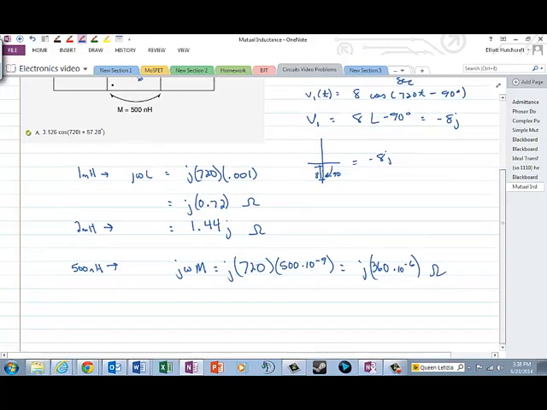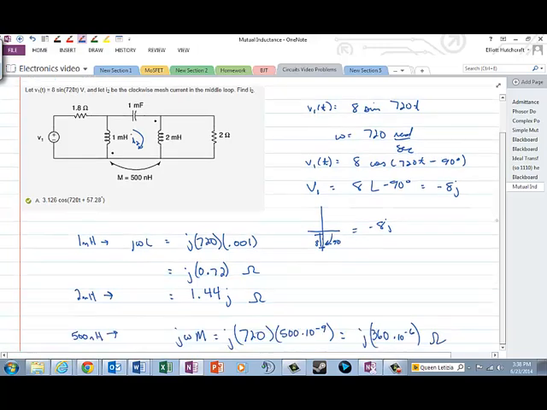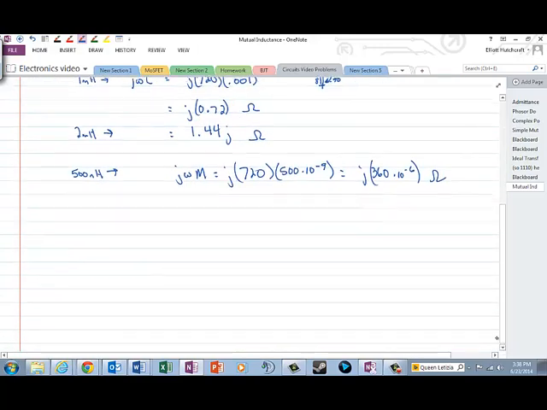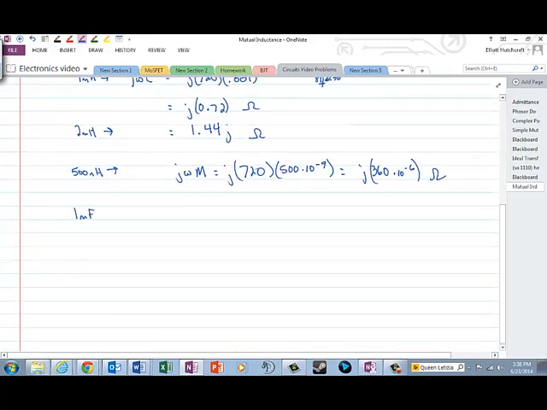Now we've got a capacitor in there, which is 1 millifarad. That goes to 1 over j omega C, which is minus j over omega C, so minus j over 720 times 1 times 10 to the minus 3.